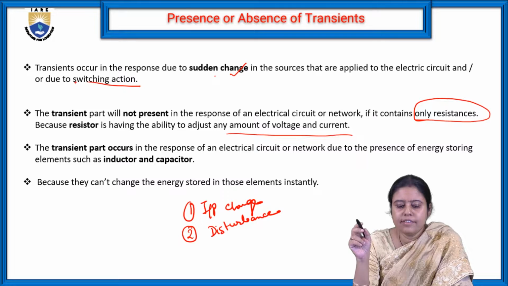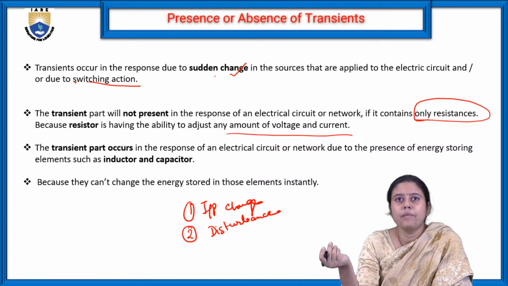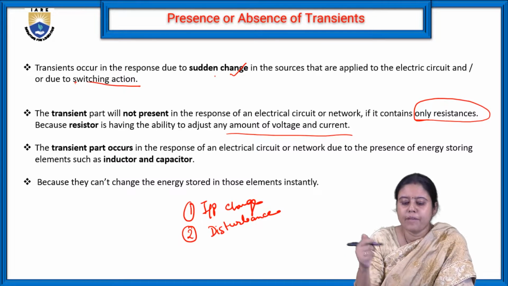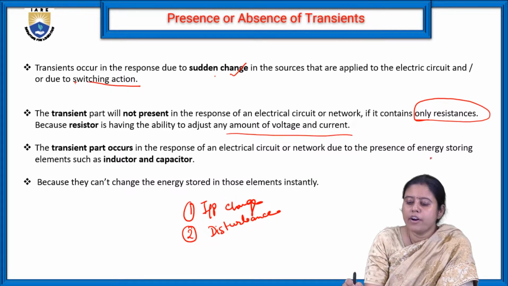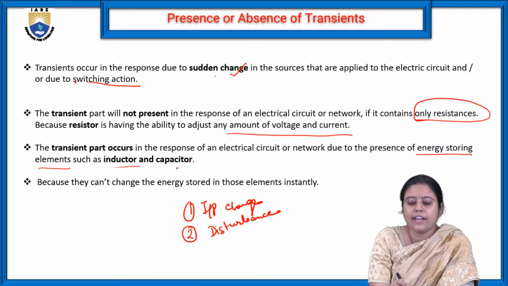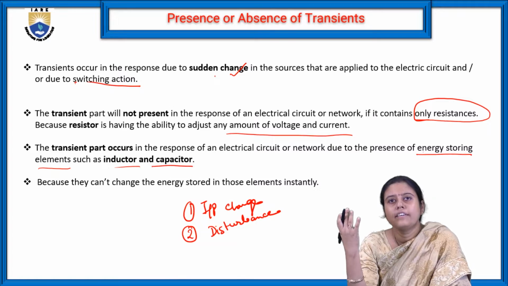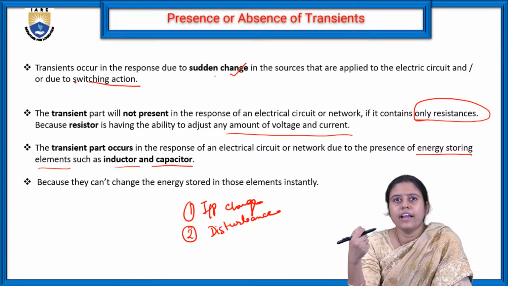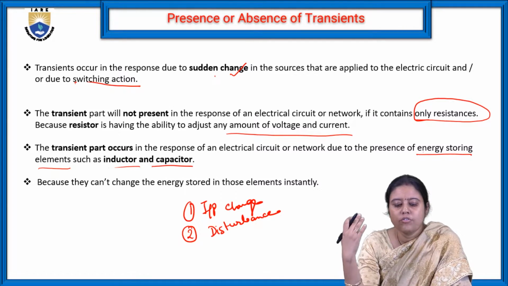So we can tell this is the absence of transient. But on the other side, for the other passive elements like inductor and capacitor, the transient part occurs in the response of the electrical circuit or network due to the presence of energy storing elements such as inductor and capacitor. As this is directly related to the energy stored there, it will be affected by the rate of change in energy.